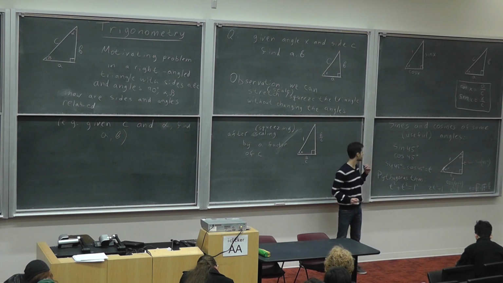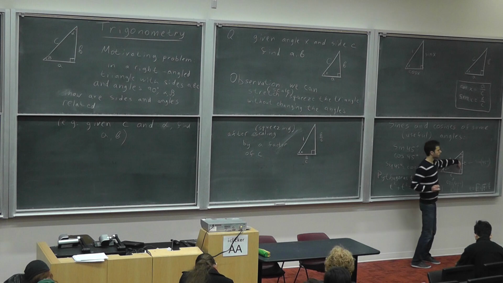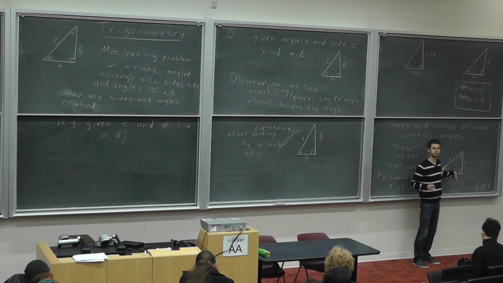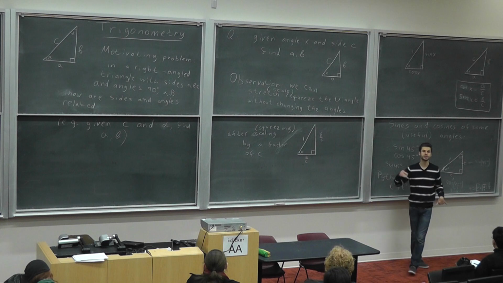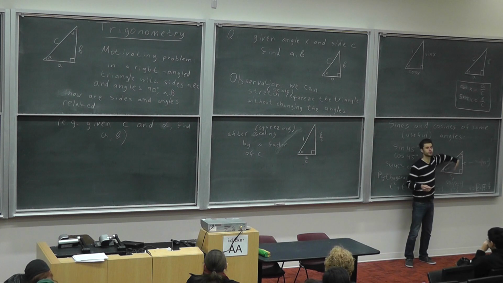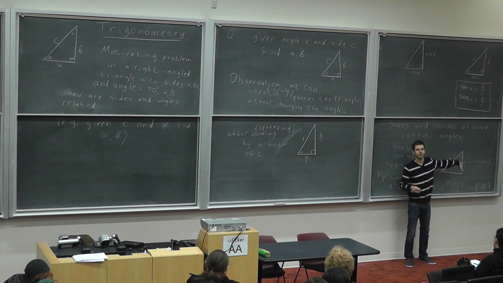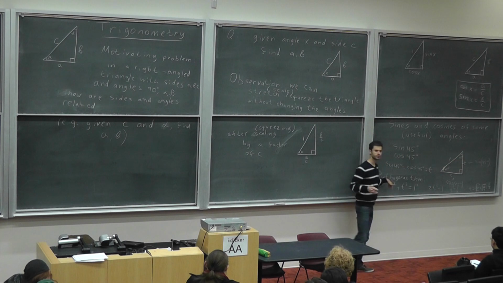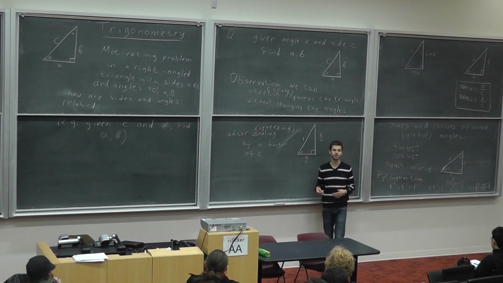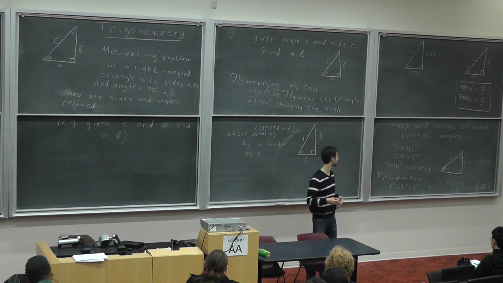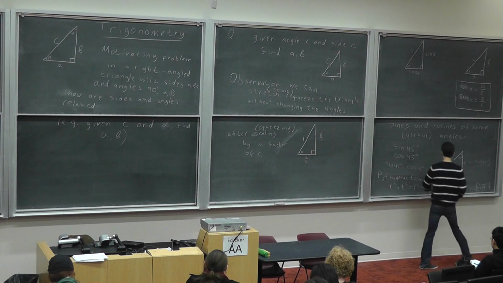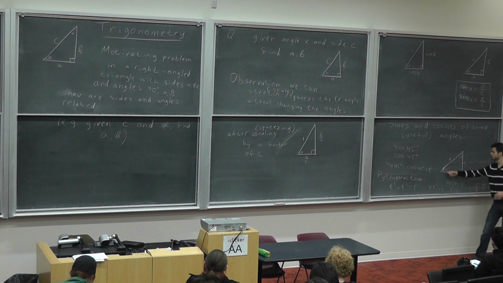The important trick was like this. We wanted to compute sine and cosine of 45 degrees. We made a geometric observation, something about the symmetry of this triangle. Then we used Pythagoras theorem, a relationship between side lengths in a right angle triangle. And this allowed us to find these lengths.